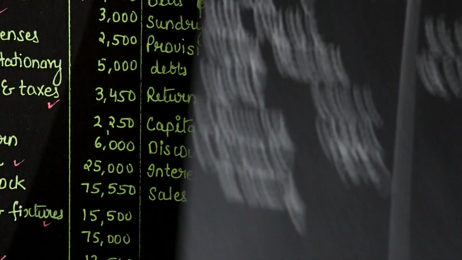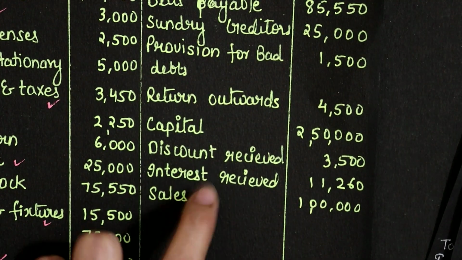Discount received, interest received, both on the profit and loss account credit side.